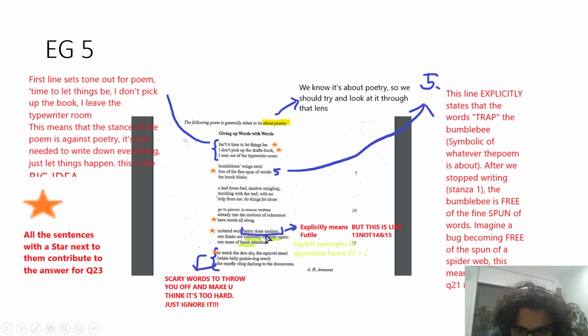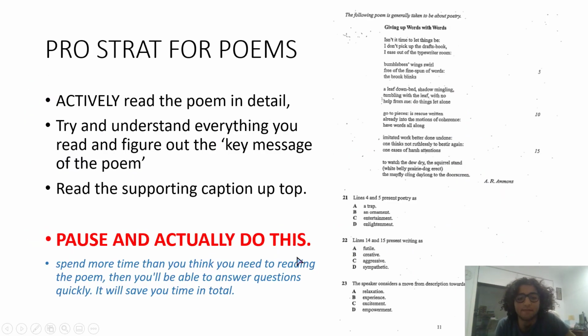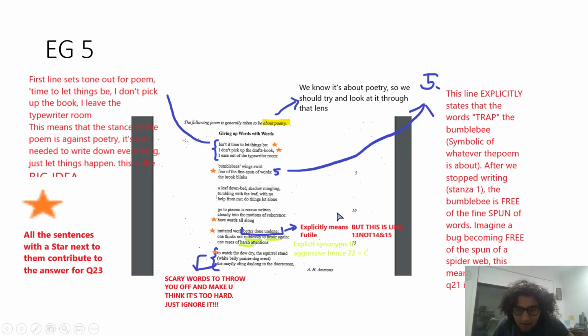But look, this is line 13, not 14 and 15. So this highlights another thing. If it's asking what lines 14 and 15 present, it's asking what lines 14 and 15 present. It's not asking you what the other lines present, okay? So now let's look at lines 14 and 15. One thinks not ruthlessly to bestir again. One eases of harsh intentions.